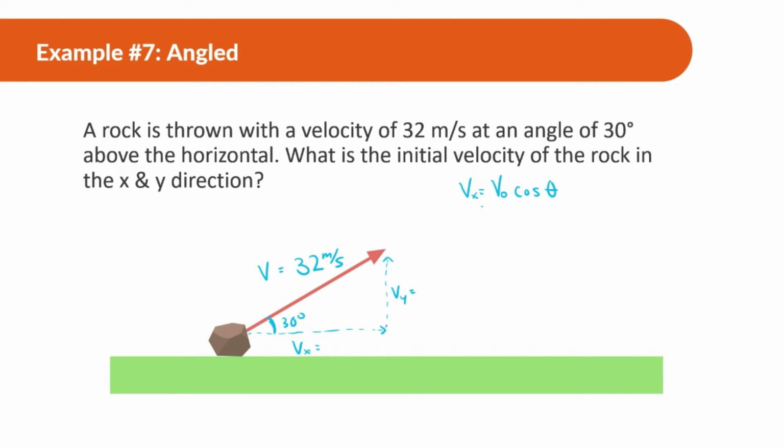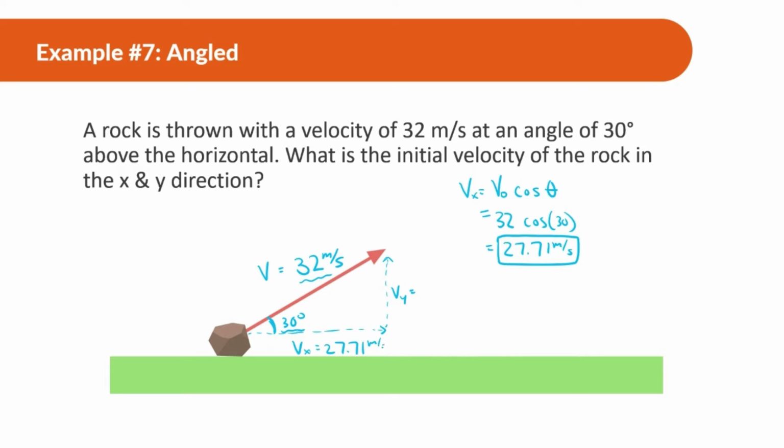So to find this Vx, the initial velocity is 32 and the angle is 30 degrees. Plugging into my calculator, 32 times cosine of 30, I get 27.71 meters per second.